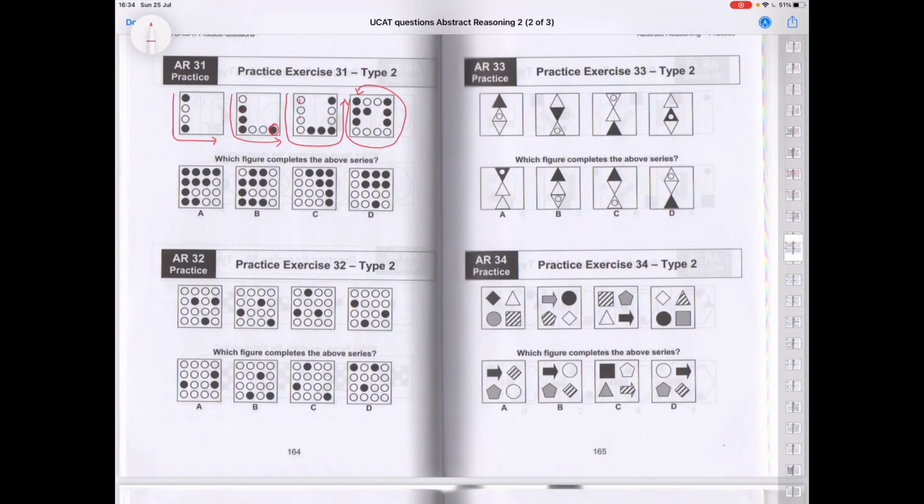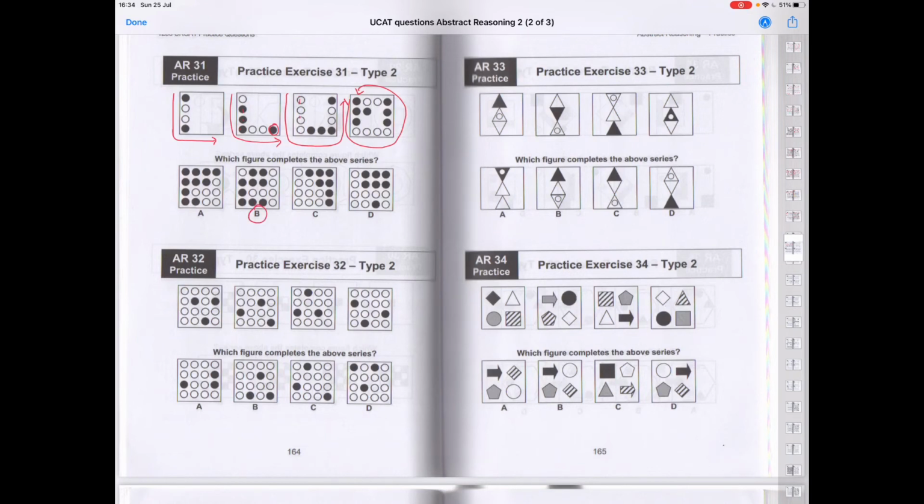So the number that we've got to add on this time is in the next frame we've got more black dots and 2 white dots. So it's quite a tricky one, is this, because we've got a pattern, but we're chopping the pattern up as we're going round. So to get all the correct number of dots in, we're going to end up with pattern B.